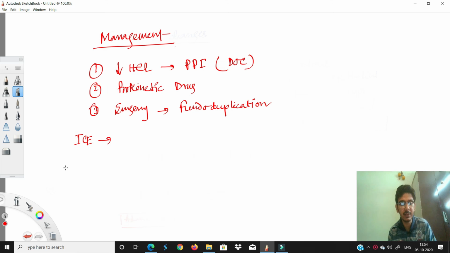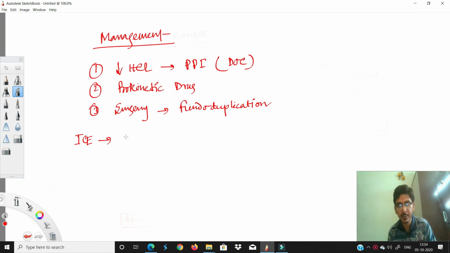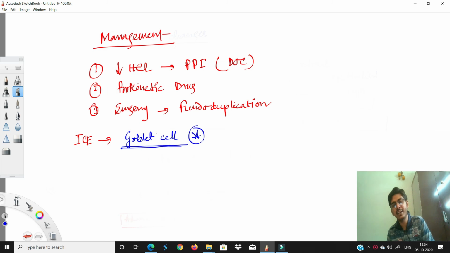I will tell you a hint, that is the presence of goblet cells in the lower esophageal part. This is the most identifying cell which denotes that the patient is suffering from Barrett esophagus. I think you should understand the topic. Read well.